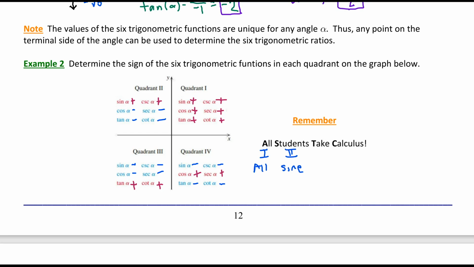In quadrant 3, tangent and its reciprocal is positive. And in quadrant 4, cosine and its reciprocal is positive. So all functions in quadrant 1, sine in quadrant 2, tangent in quadrant 3, and cosine in quadrant 4.